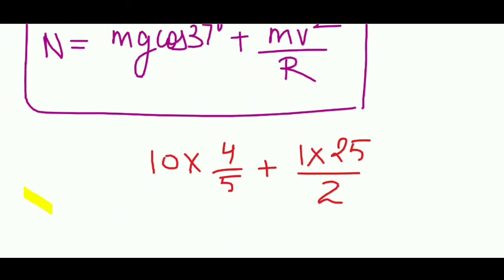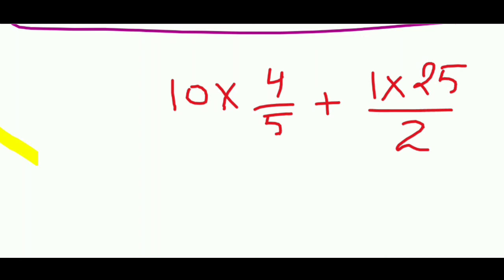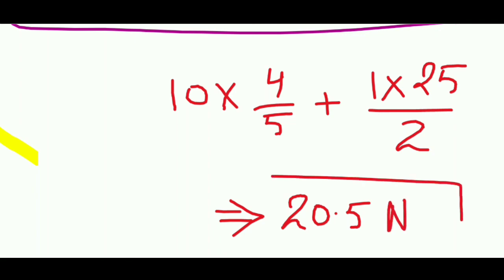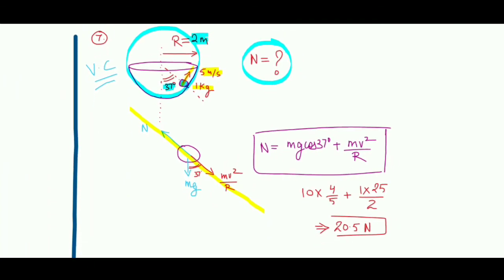So this is 12.5 and this is 8. So it will become 8 plus 12.5, which is 20.5 Newton. So the value of the normal force acting on this object of 1 kg at this instant is 20.5 Newton. Got it? So this will be the answer for this 7th question.